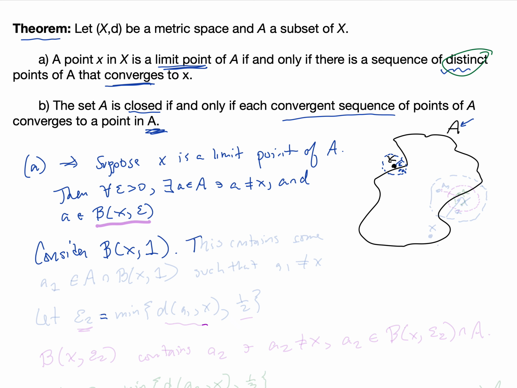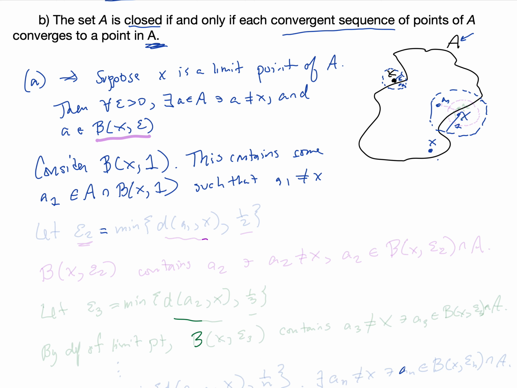By definition of limit point, this contains some point, and we're going to call it A1, which is in A and in the ball centered at X with radius 1, such that this A1 is not equal to X. So maybe I'll start with a new X over here, just outside of A. All right, so we're starting with a relatively large ball of radius 1, and we're saying, okay, there's got to be some A1 that's in the ball and in A.